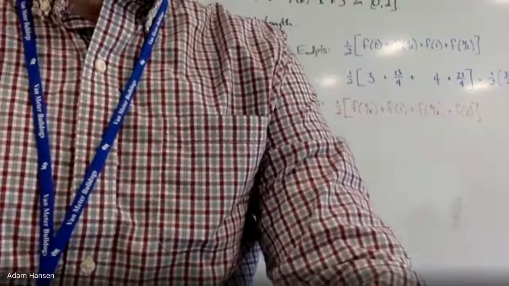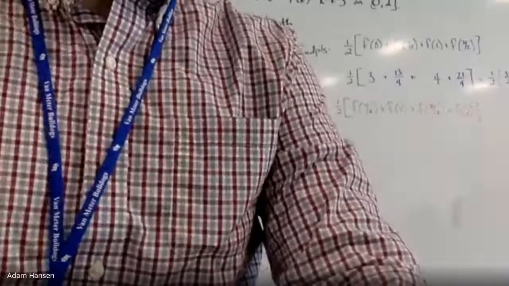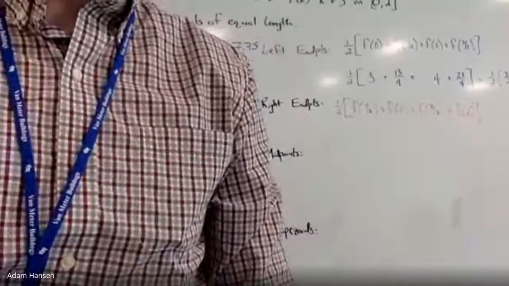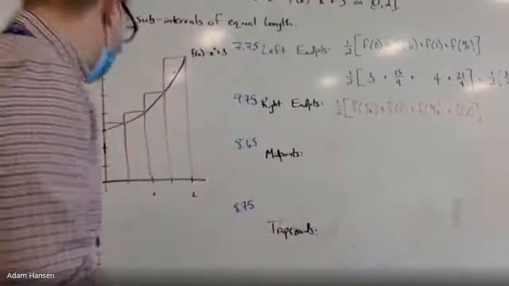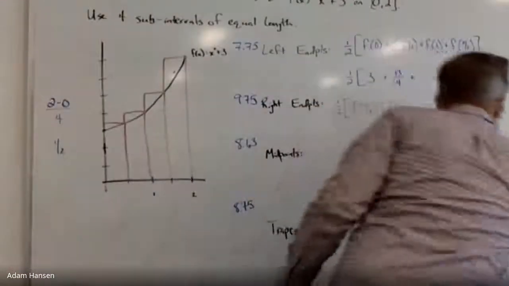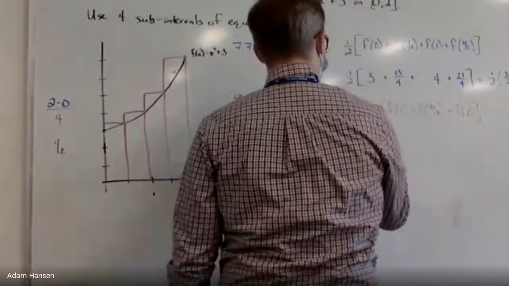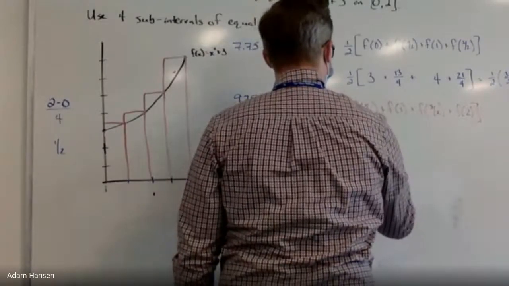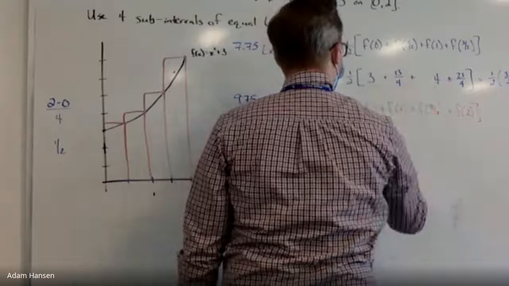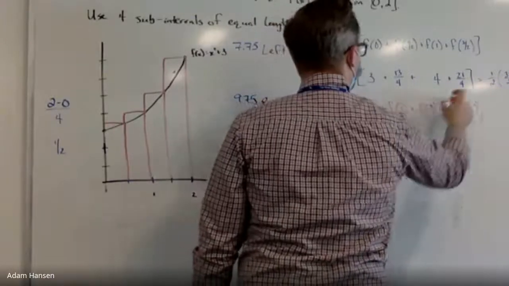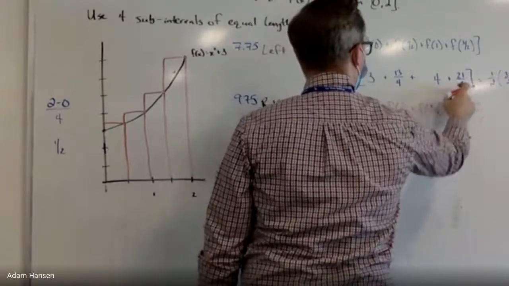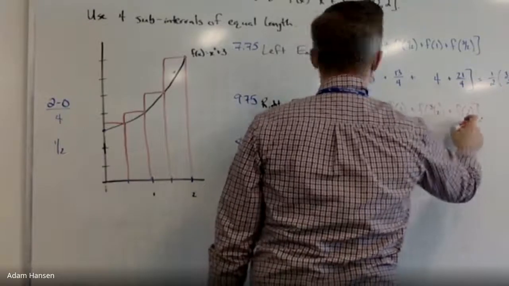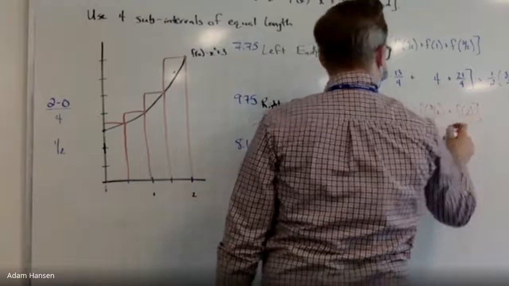So 1/2 squared plus 3 was 3.25 or 13/4. F of 1 was 4. F of 3/2 was 21/4. F of 2, I know that to be 2 squared plus 4, which is 7.